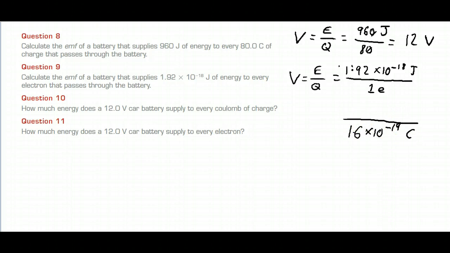That's the charge on one electron. So I've just replaced 1e with that amount of charge, with 1.92 times 10 to the negative 18 joules on top. And if we put that into the calculator, let's see what we get.